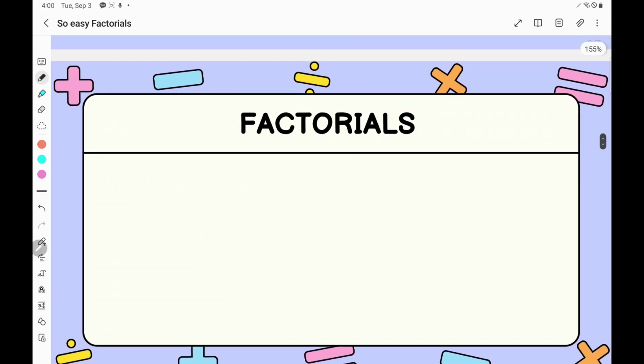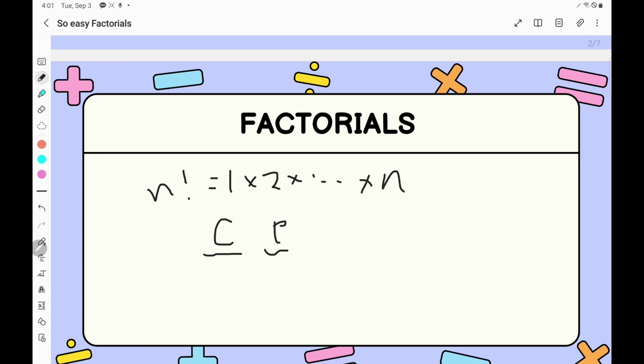For example, n factorial equals 1 times 2 times ... times n. You probably know this. This is like 7th grade math or something. So you probably know what a combination is and probably a permutation.